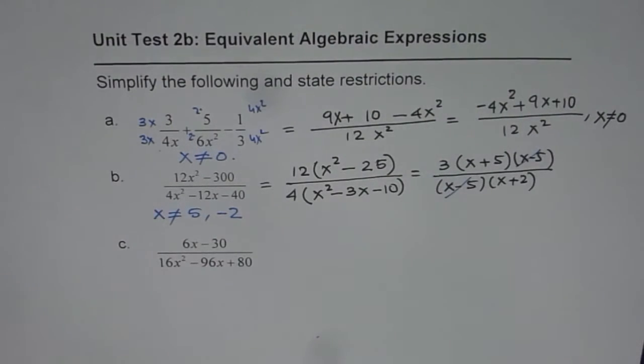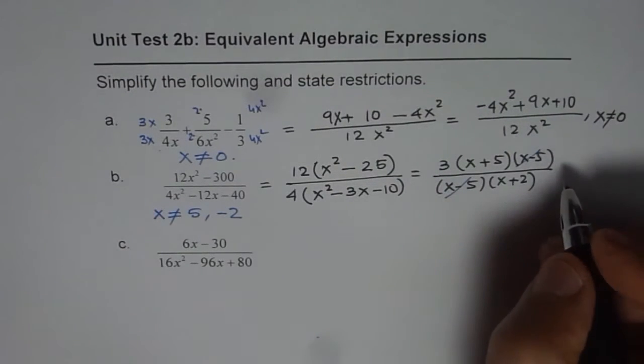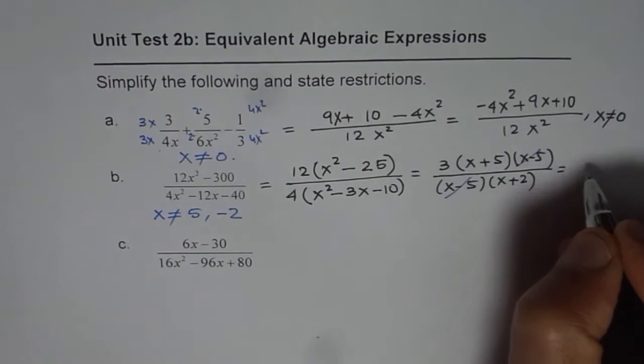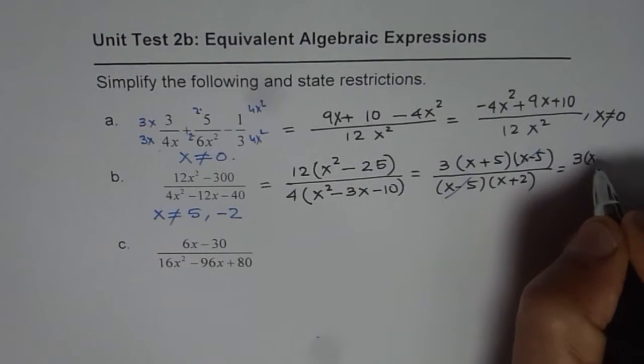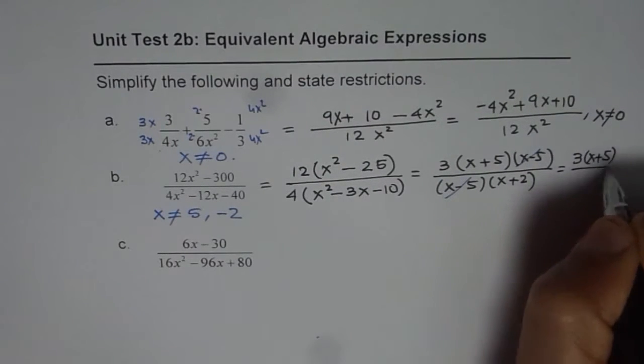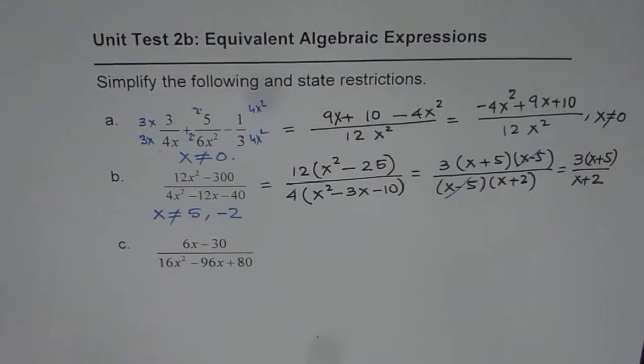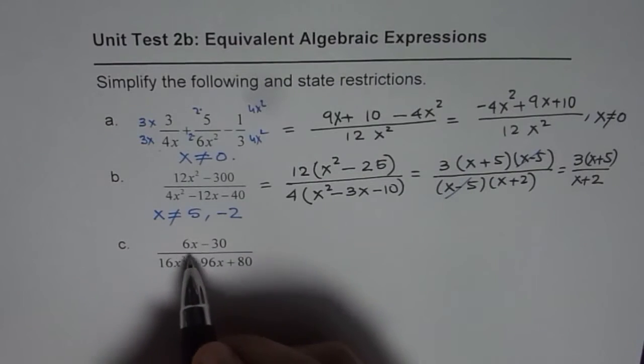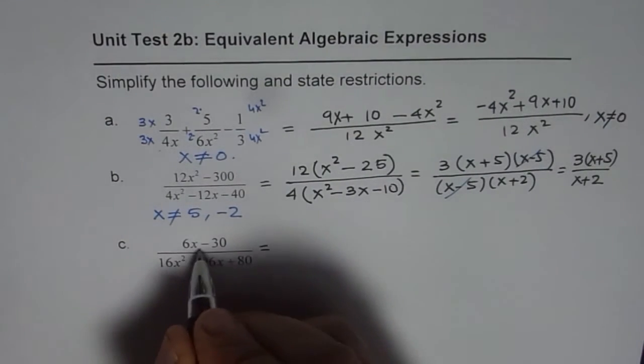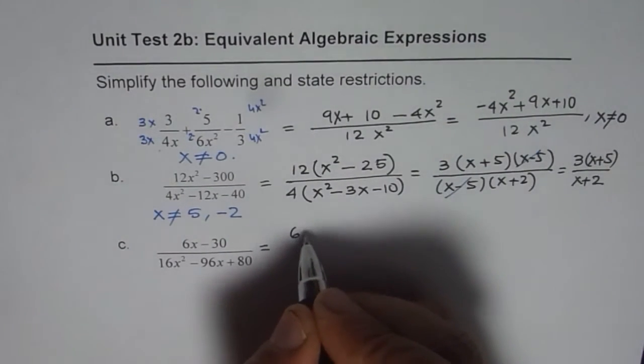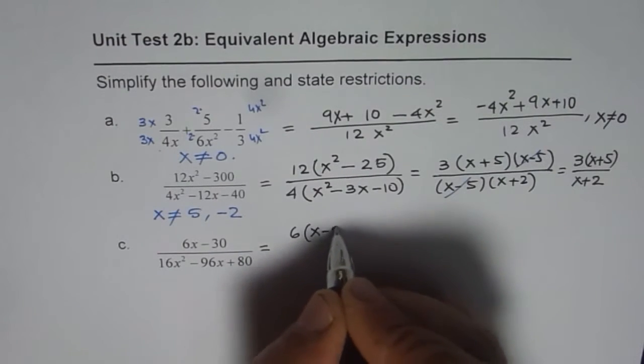Simplify. So we can cancel out common factors, and then we can write this expression as equal to 3 times x plus 5 divided by x plus 2. So that is our answer. Now the last one, which is 6x minus 30, we can take 6 common. 6 is common, you're left with x minus 5 in the numerator.